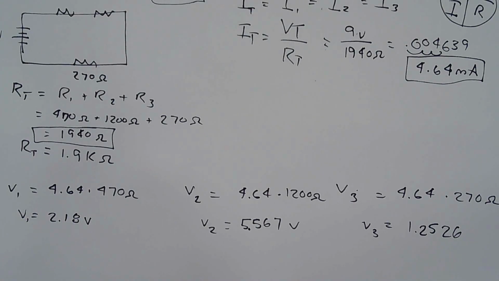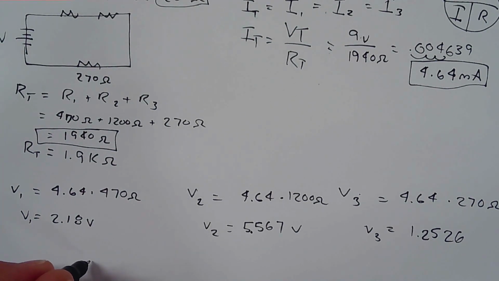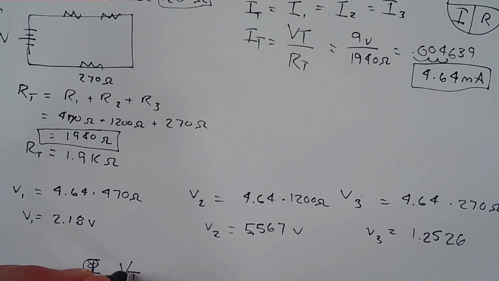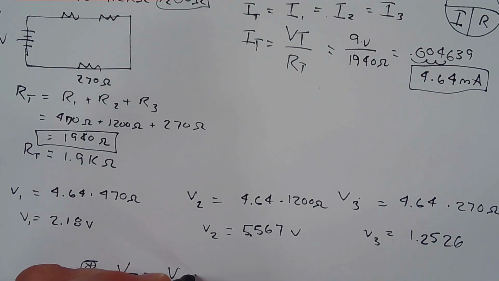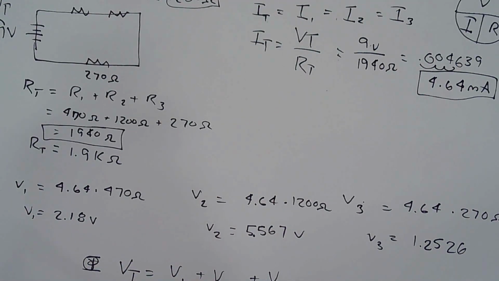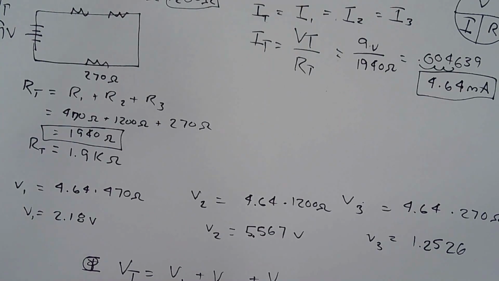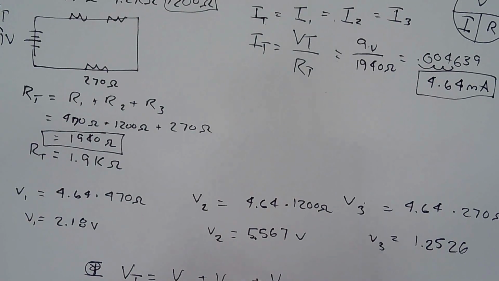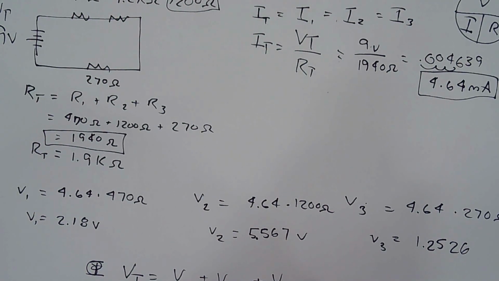Okay, and then I can check that with Kirchhoff's voltage law, where the voltage total should equal voltage 1 plus voltage 2 plus voltage 3. Voltage total is 9 volts. That should equal 2.18 plus 5.567 plus 1.2526.